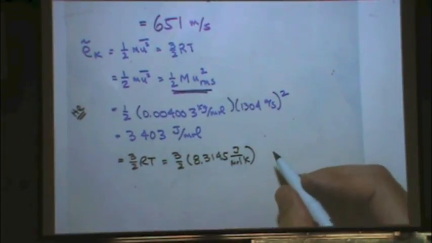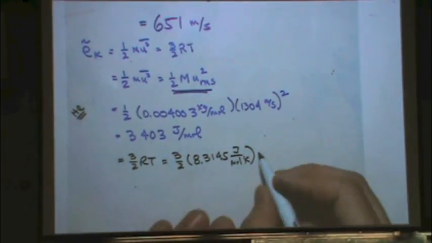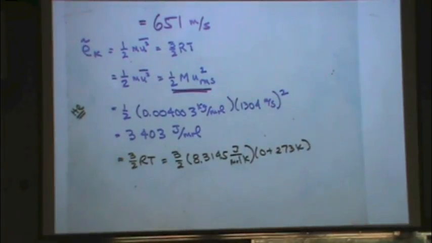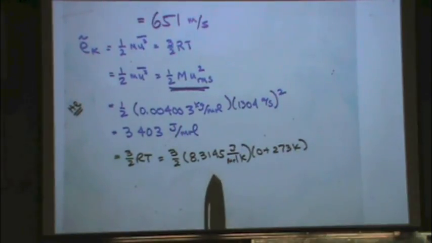And then the temperature is stated in the problem, 0 degrees C, and you add 273 to change it to Kelvin. You might remember there's two R's. I definitely have to use this one because I need units of joules, and this is the only R that has units of joules. And then the temperature always needs to be in Kelvin. It'll cancel with the Kelvin units that are in R. Let's see what we get.